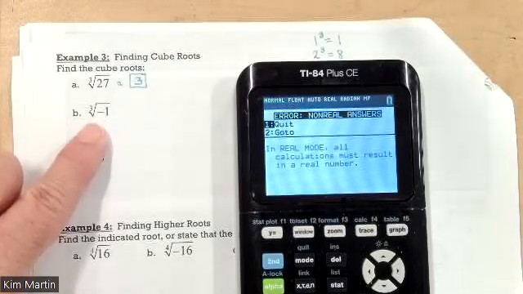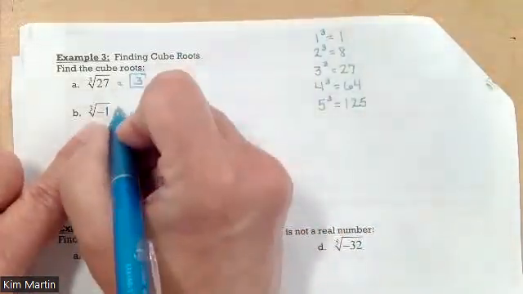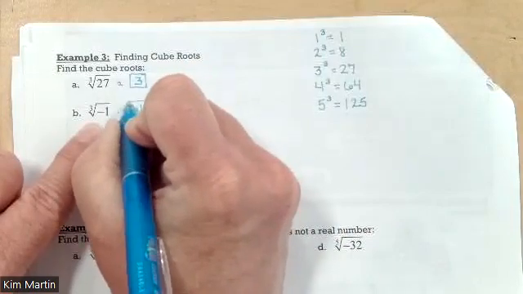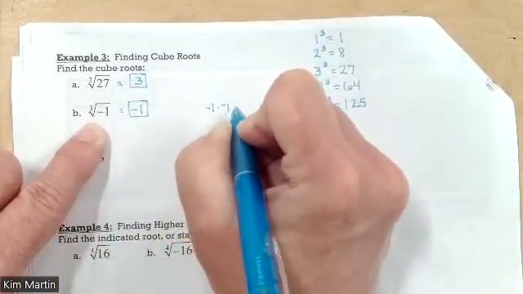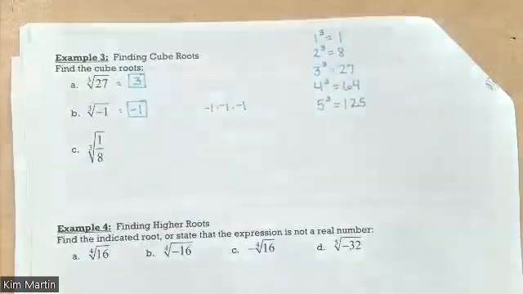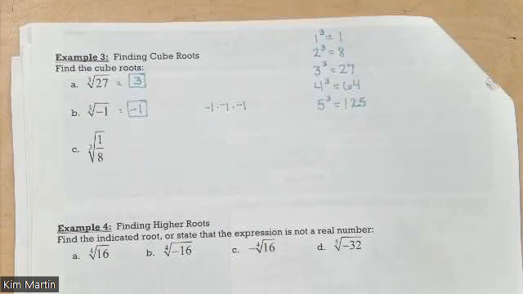Here, however, our answer is -1. Why? Because -1 times -1 times -1. We multiplied it by itself 3 times and it gives us that -1. You can take odd roots of negative numbers. Even roots you cannot. Odd roots you can.